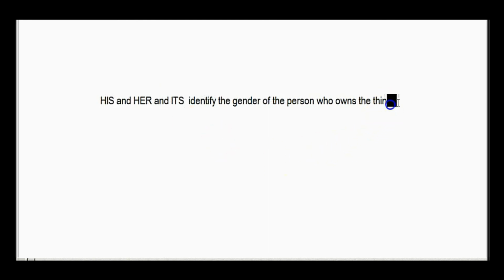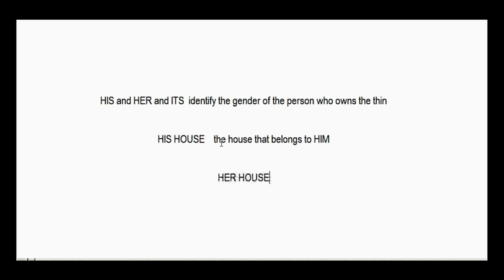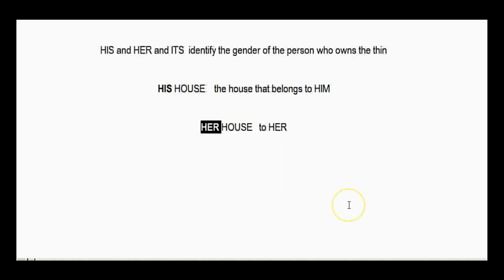His, her, and its. So, his house means that the person who owns the house is a male, or the house belongs to him. That is the meaning of his. It identifies the person. Same thing with her. Her house means the house that belongs to a female.